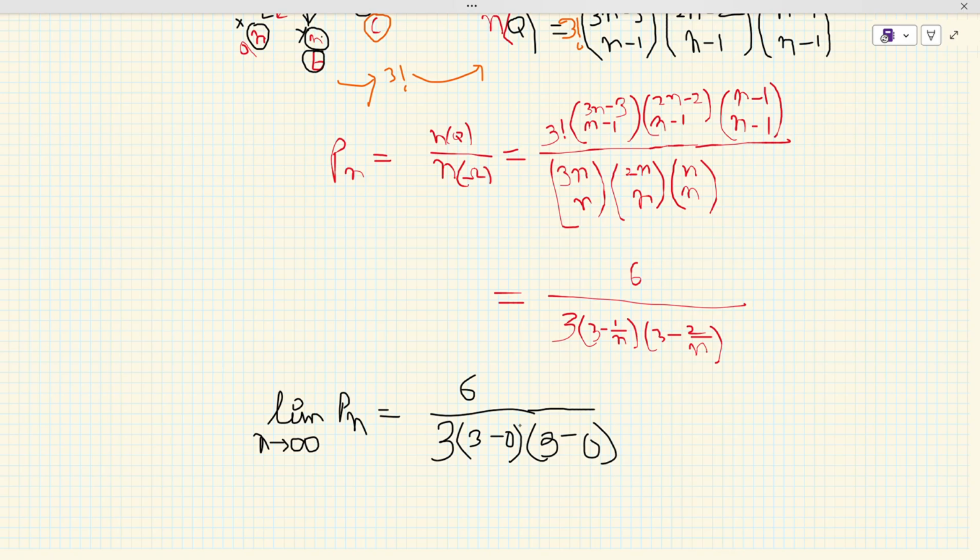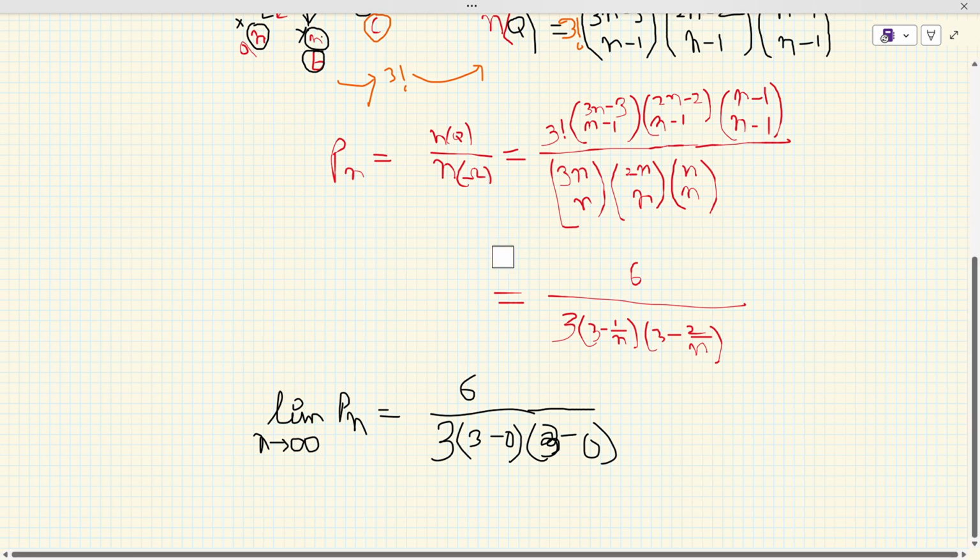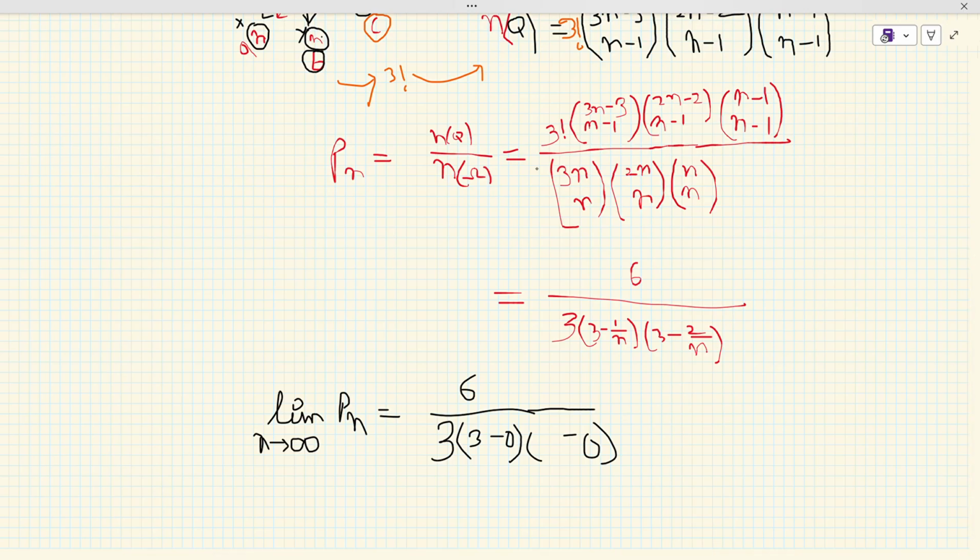It is 3, yes, it is 3. 3 minus 0. It's messy over here, that is 3 minus 0.